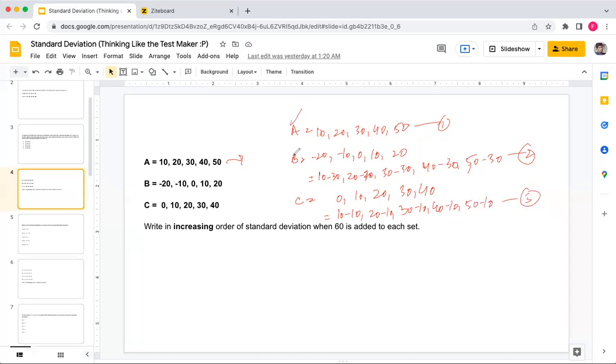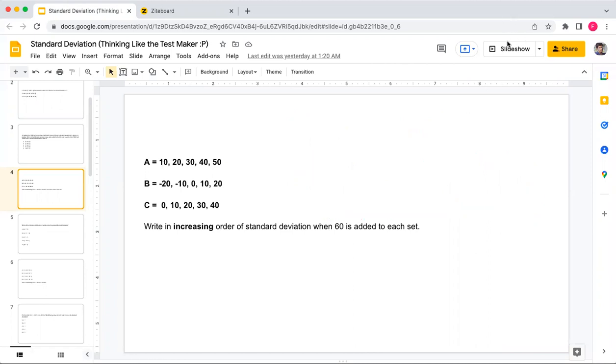So till now, we are pretty sure that A, B, and C have the same standard deviation. Agree on this point? If yes, then I will proceed further. Yes. Now the next thing is, what is the arithmetic mean of the first set?